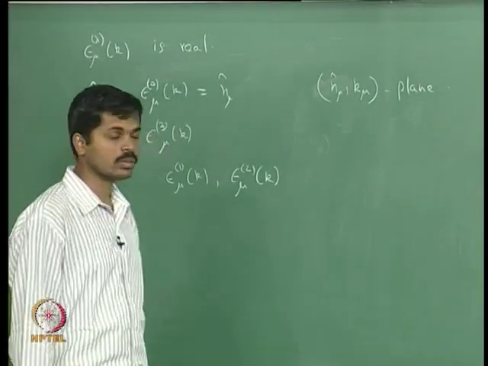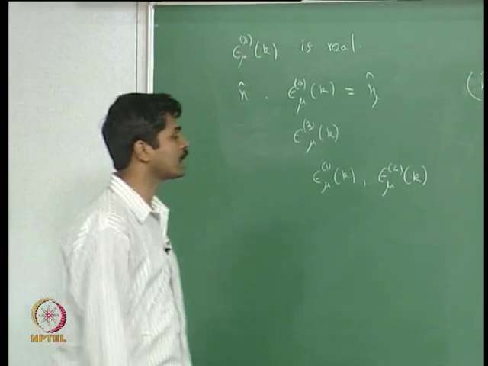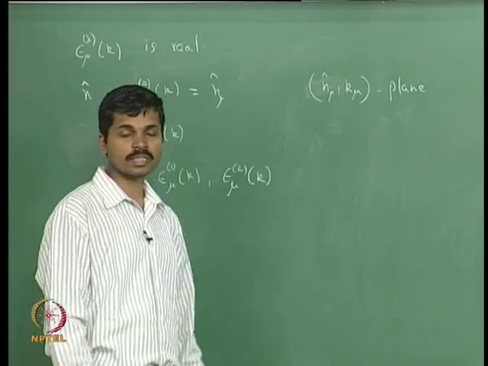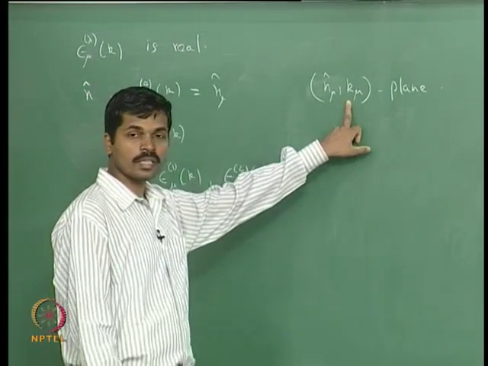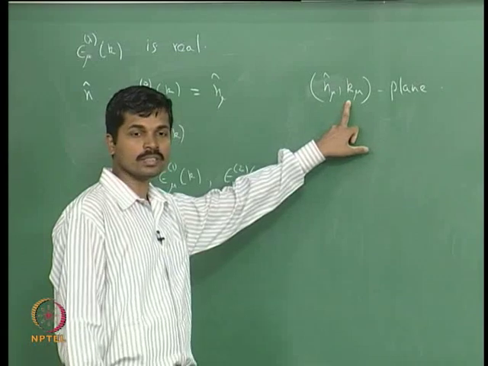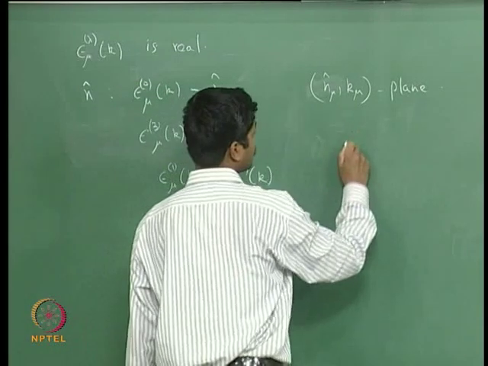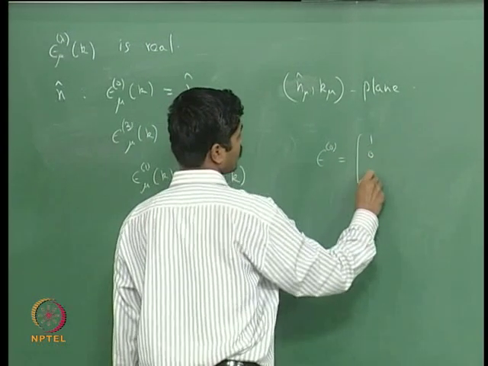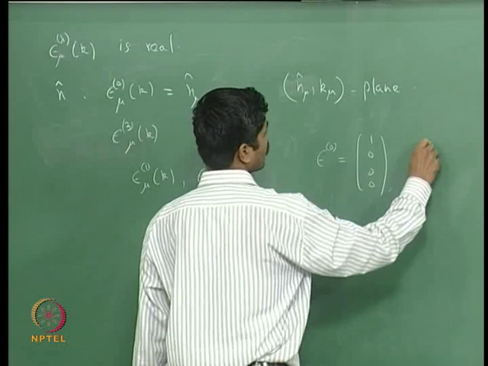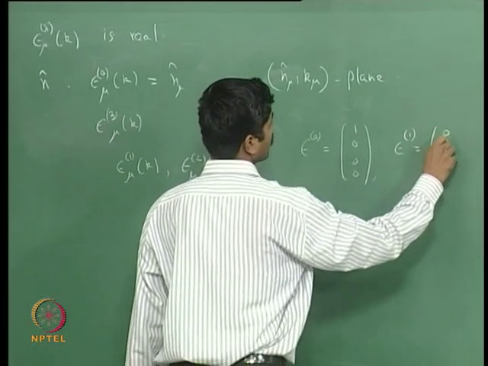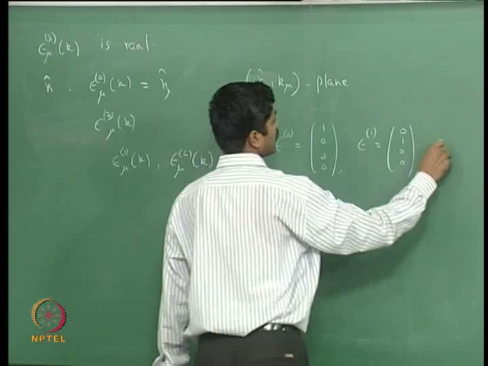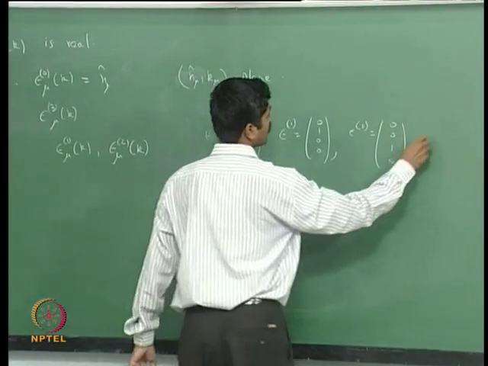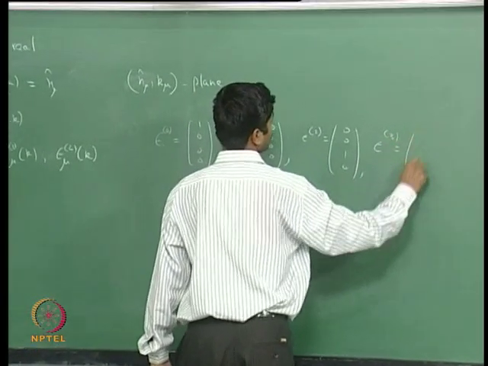Okay. Or let us say your time is along x0 direction, and let us assume that k is along x3 direction. Then these four linearly independent vectors are simply epsilon 0 is equal to 1 0 0 0, epsilon 1 is 0 1 0 0, epsilon 2 is 0 0 1 0, and epsilon 3 is 0 0 0 1.